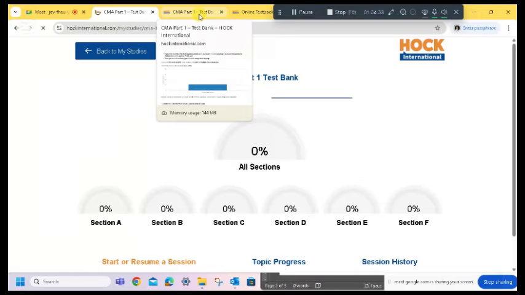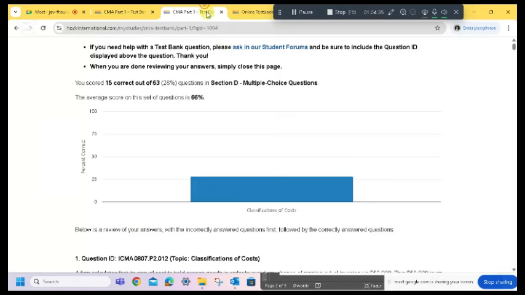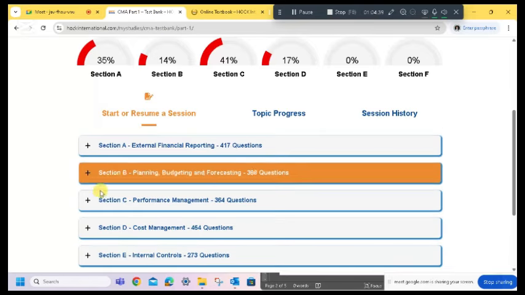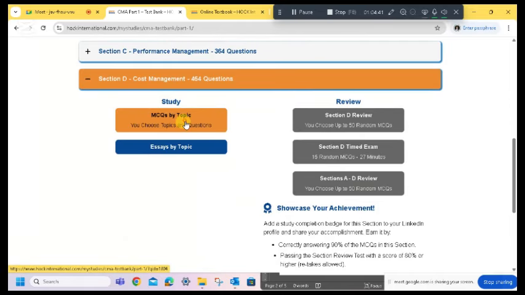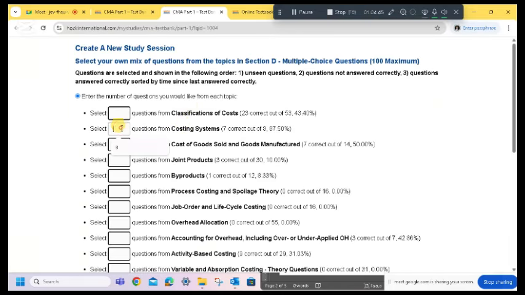Now let's take section B and see, out of what we finished now, these two costing systems, there are 8 questions. Cost of goods sold and manufactured, there are 14 questions. Let's see what is there in these two.